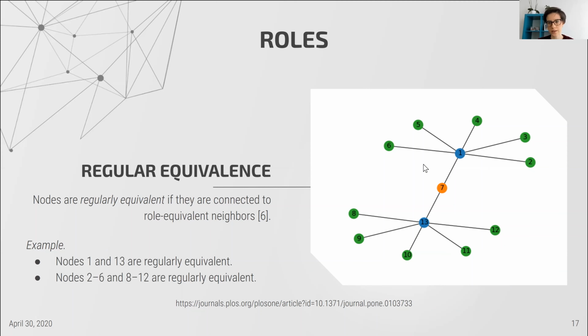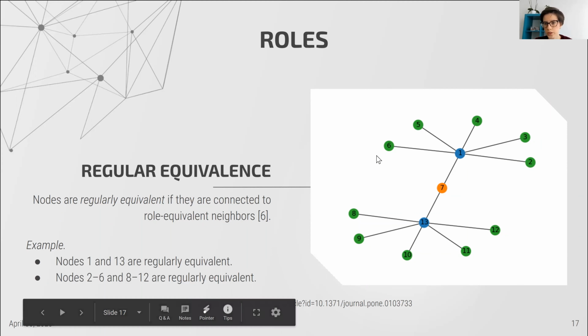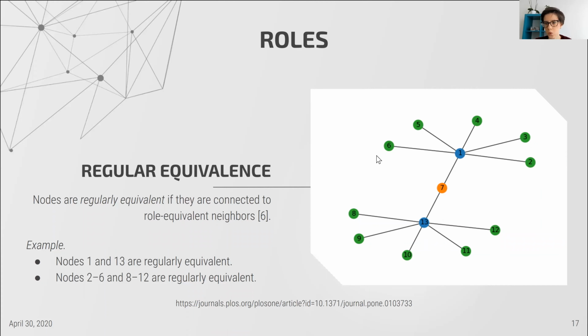And once again, since this concept is abstract, let's make an example. As you can see here, we have two nodes, 1 and 13, which are not connected to the same nodes, but they have the same role because all the green nodes are equivalent to each other. So what happens is that 1 and 13 basically exhibit similar connection patterns to other roles.